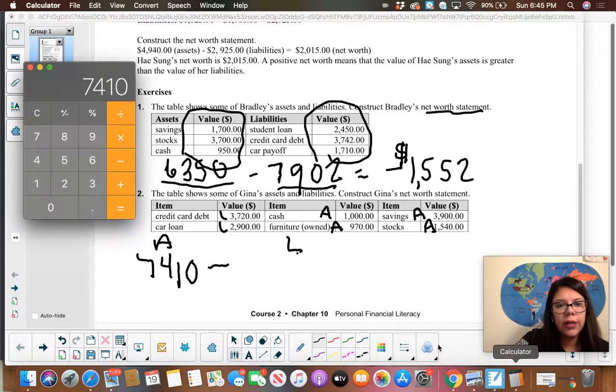Okay, go back to my calculator, and we're going to add these two amounts, the credit card debt and car loan, because those were the only liabilities. 3,720 plus 2,900. We have 6,620.